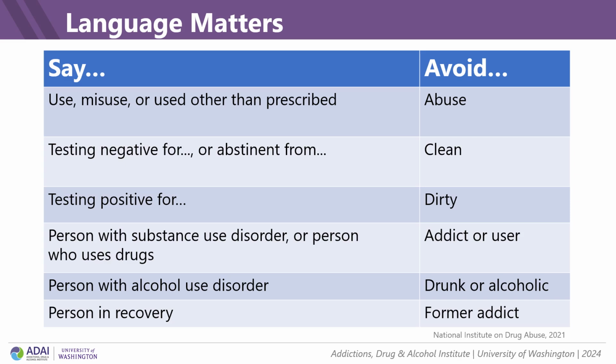For example, a person with substance use disorder or a person who uses drugs. Similarly, with drinking alcohol, we want to avoid describing someone as a drunk or an alcoholic, and we would prefer to call them a person with alcohol use disorder. And finally, for someone who's in recovery, rather than calling someone a former addict, it's best to call them someone in recovery, a person in recovery.